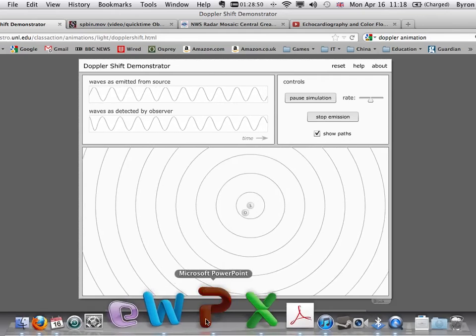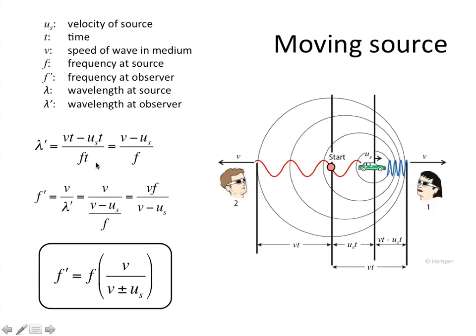Okay, so let's hit the mathematics. For a moving source, the wavelength will depend on the motion. This car diagram is stolen from Hamper. This car is moving forward with a velocity us.